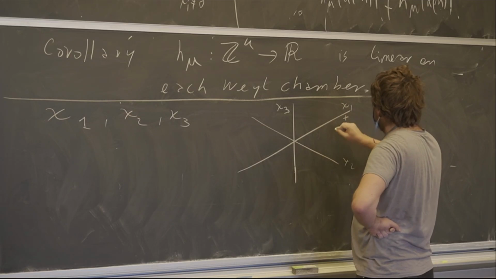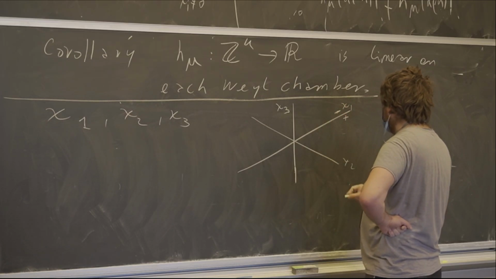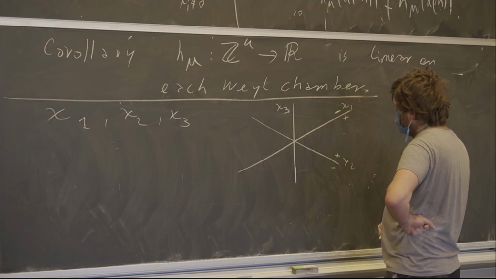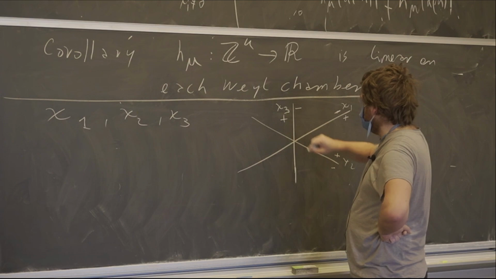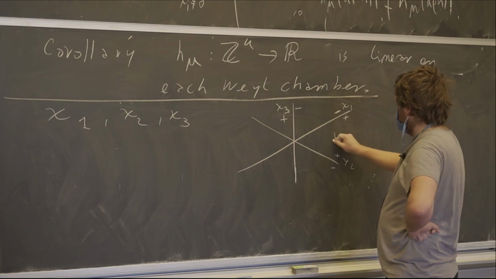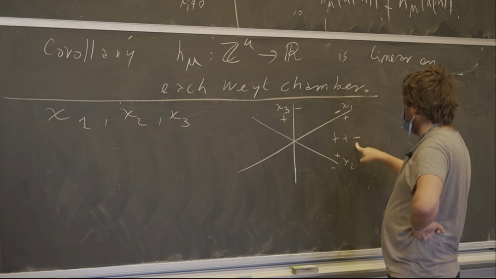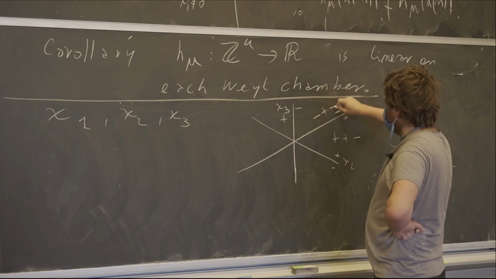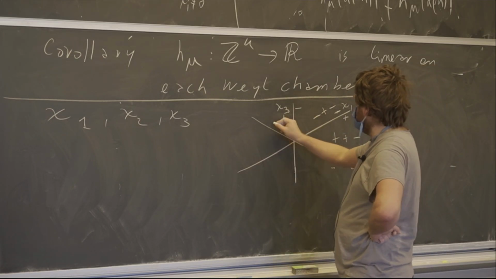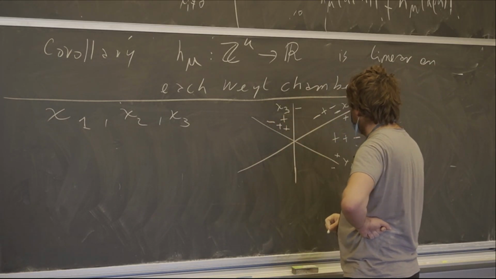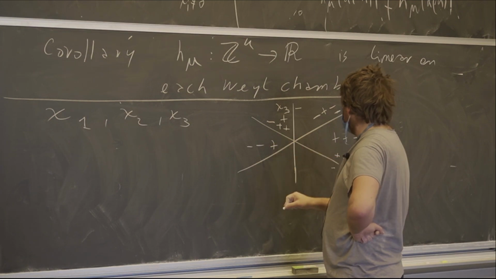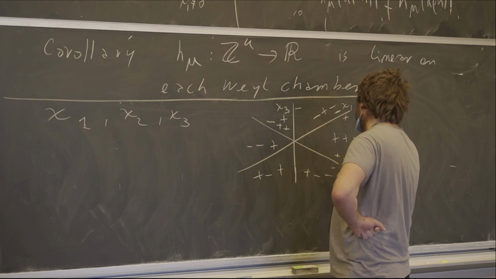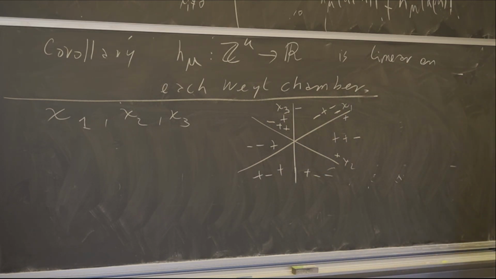So here is chi 1 positive and negative. Then I do chi 2 positive and negative. And then chi 3 has to be negative here, positive here. Let's see if I get it correct: plus, plus, minus. Then we swap to minus, plus, minus. And then minus, plus, plus. Minus, minus, plus. And plus, minus, plus. And plus, minus, minus. Okay.